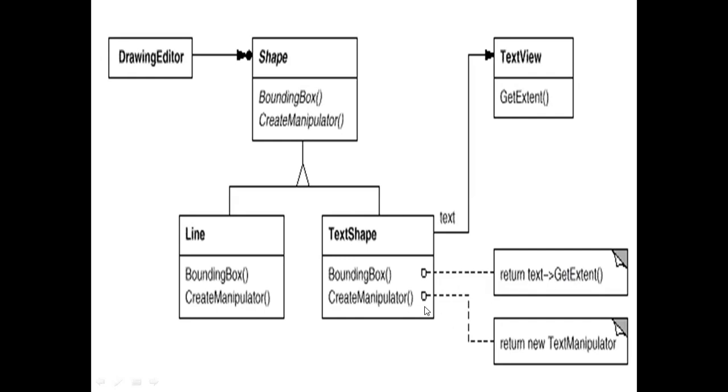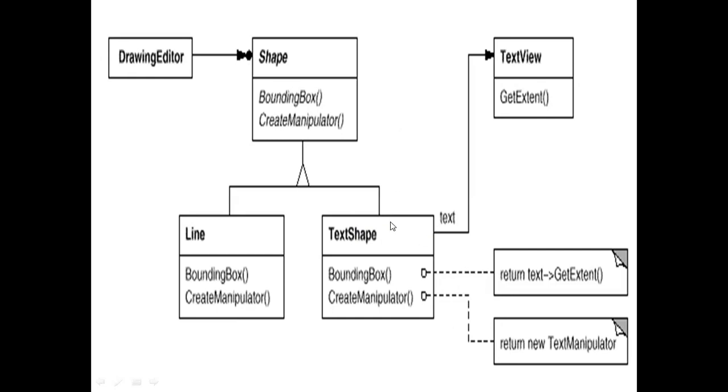The create manipulator here will use again text manipulator, and for this text manipulator we can use create manipulator as our pattern, which we call the factory method, in which we are using how to create different objects. So these two will give us what the adapter pattern is and how we can use it in the application.